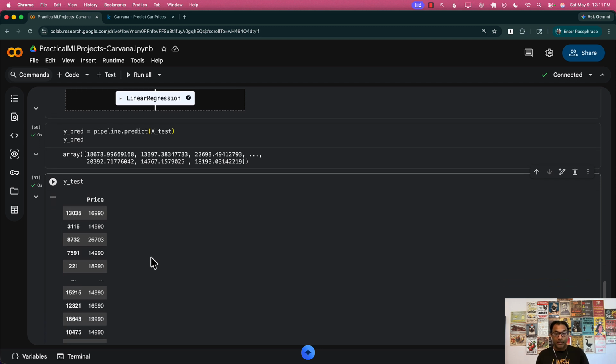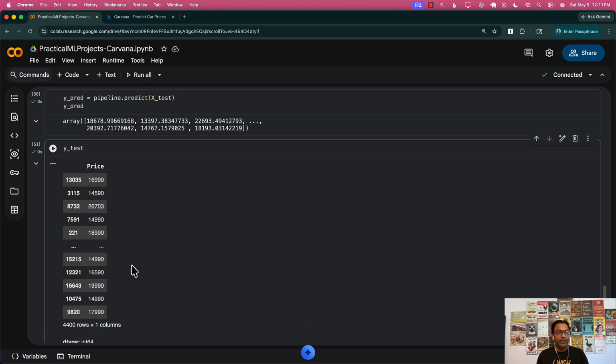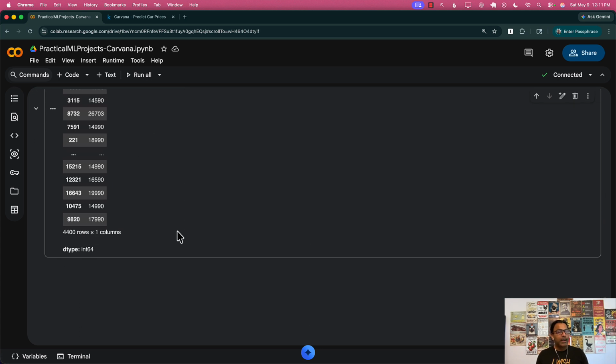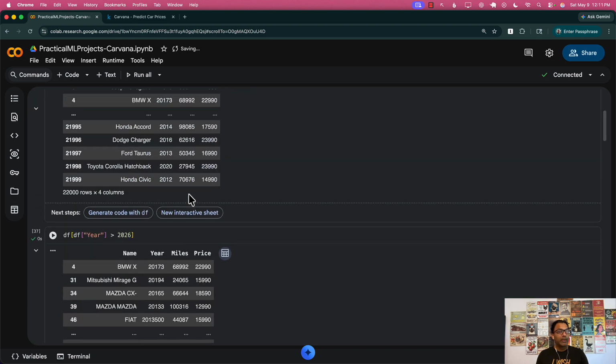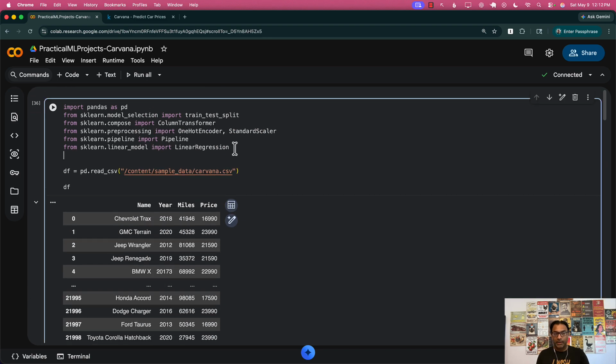But we can assume that those kinds of gaps will be there. But we also want to find out how accurate our model is. And in order to find out how accurate our model is, we will have to import a couple of different things.